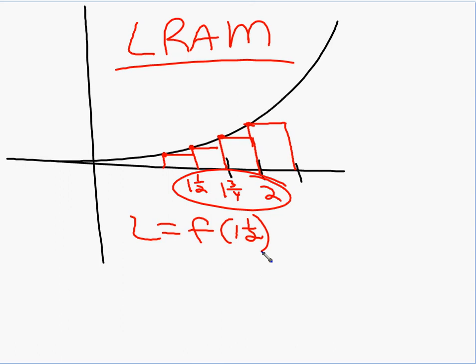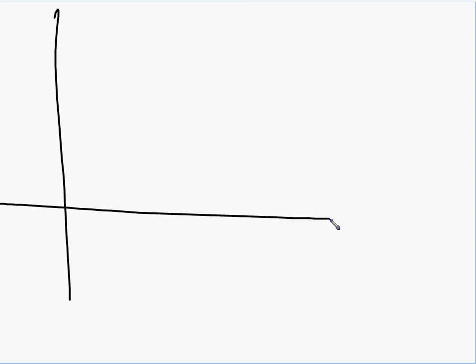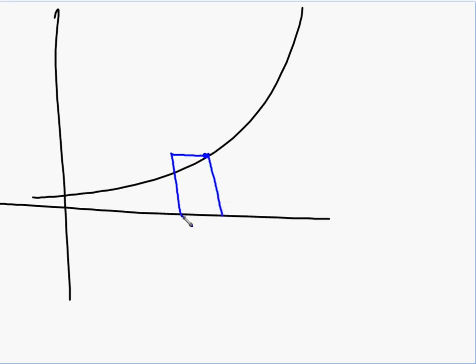Now, what do you think is coming next? If we have LRAM, we also have RRAM. So if I have a function like this, and I bring this up and use the right edge, in the case of a quadratic, it would be an overestimate.